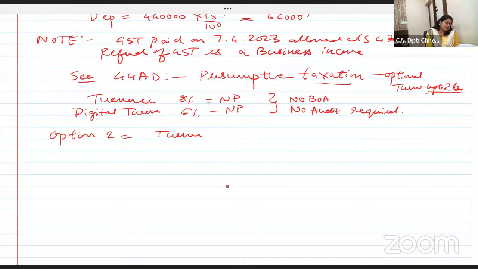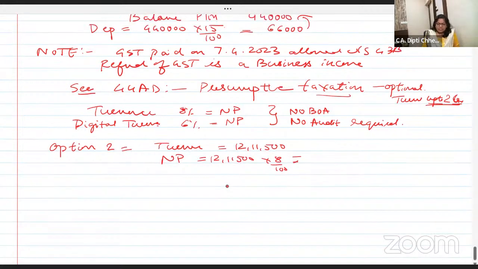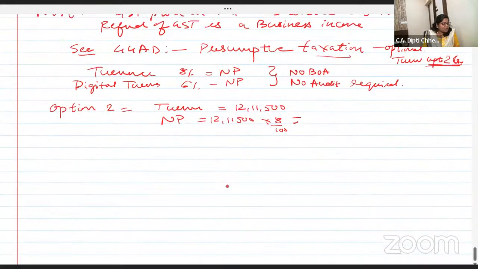Sales is 12,11,500 and net profit will be 12,11,500 into 8%. It is coming to how much? 96,920.